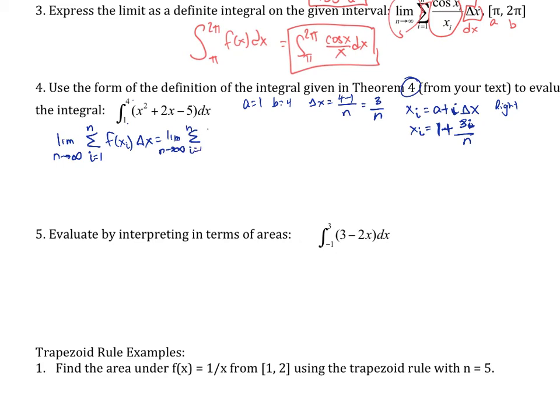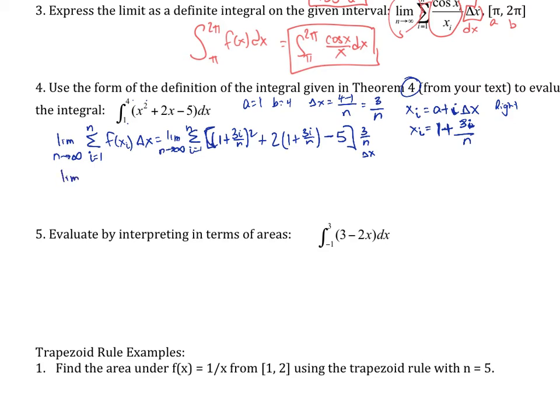So your first iteration here will be 1 plus 3i over n squared, right? Plus 2 times, well, that x this time is going to be 1 plus 3i over n, minus the 5, right? Times all these 3 over n, my delta x.